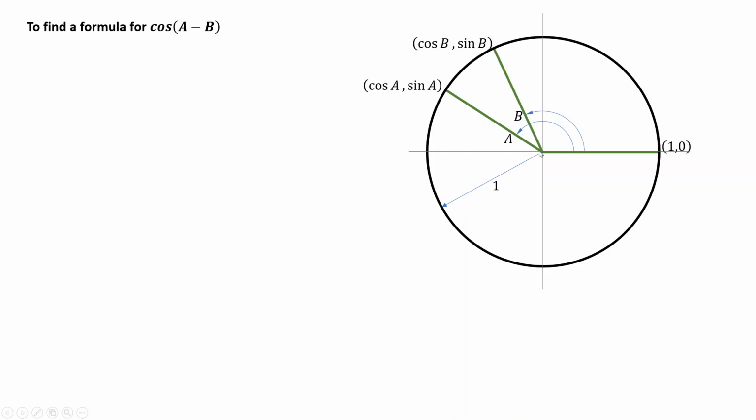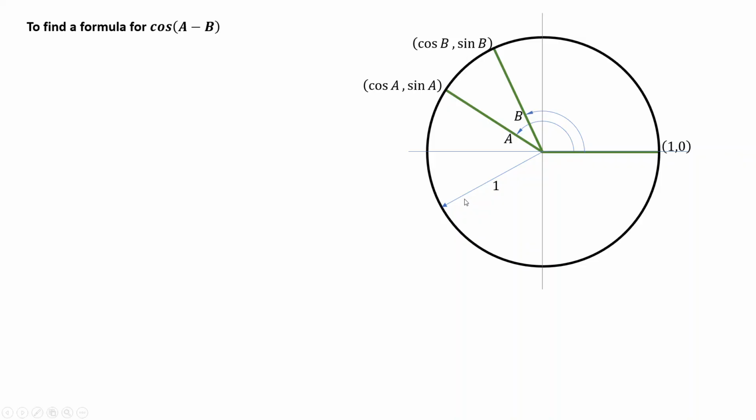And so if I have another line segment here, which makes an angle of B with respect to the positive x-axis, then again by the same argument I can claim that the x and y coordinates of that point on the unit circle must be cosine B and sine B. Are we clear about this? Cool.